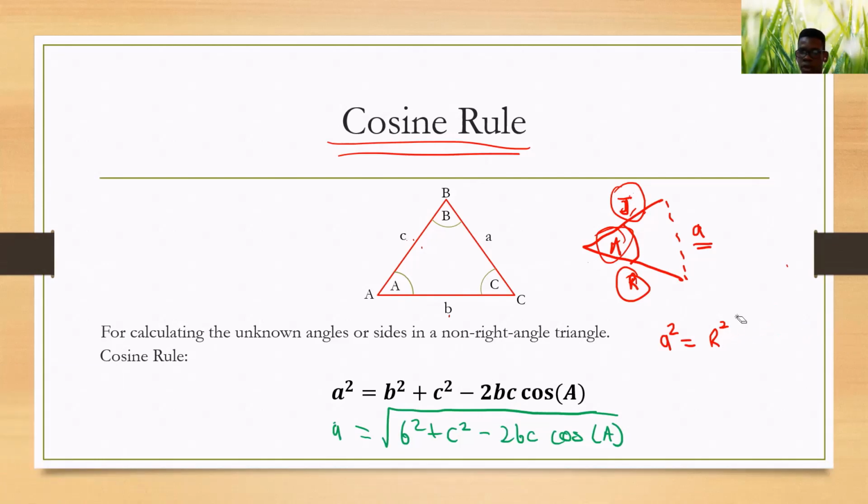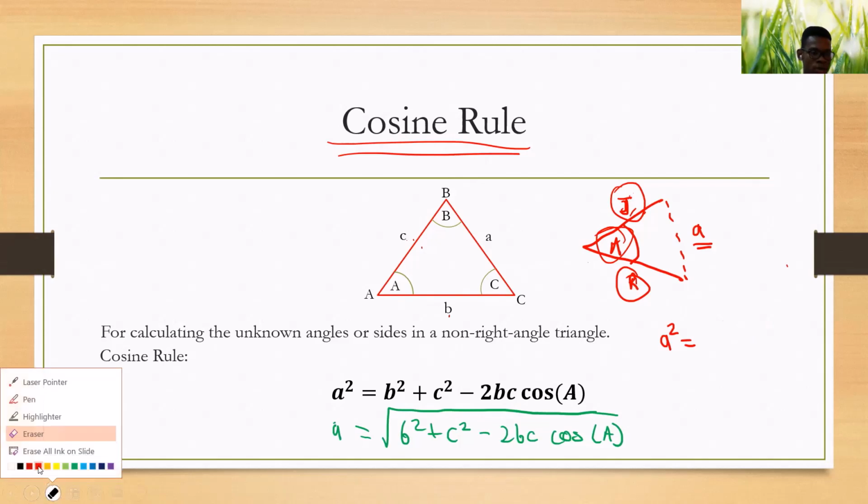So we identify we have the V, and we want to find that unknown side.